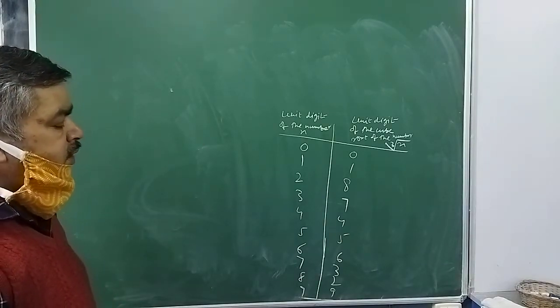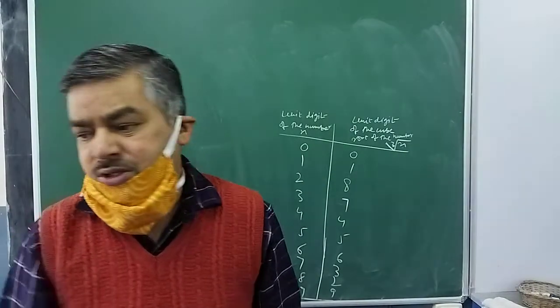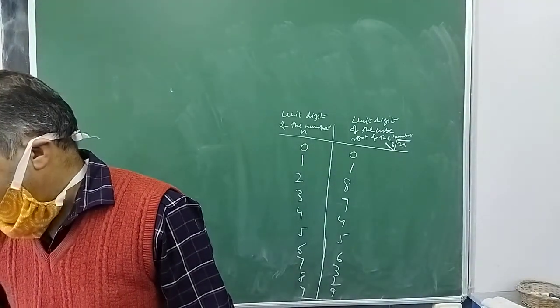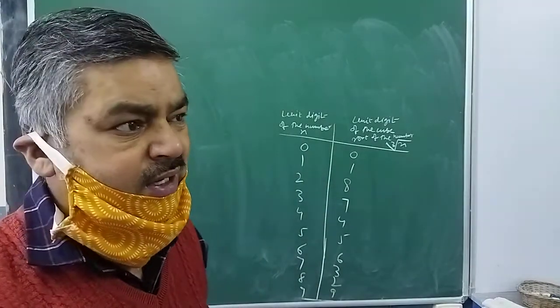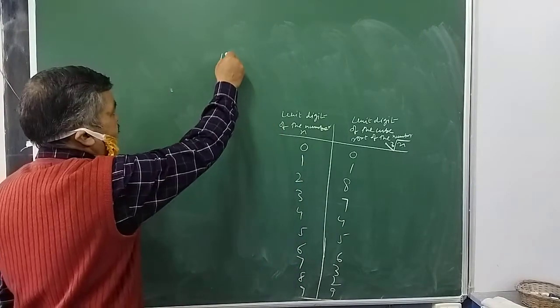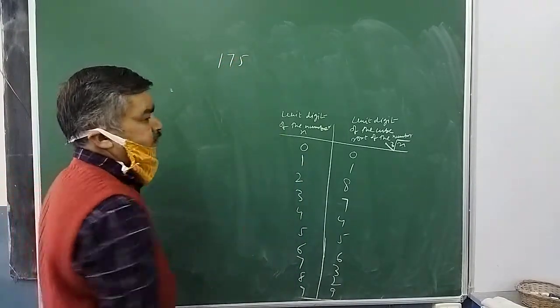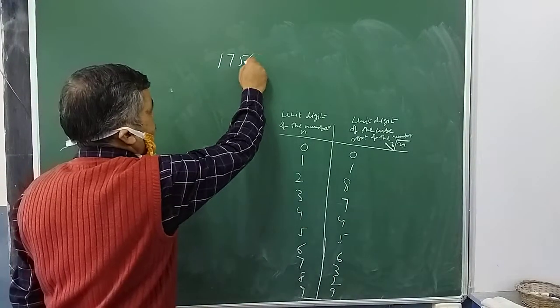Now for the estimation method, one limitation is there. Mostly we can apply it to find the cube root of a 6 digit number. Suppose I am taking 1, 7, 5, 6, 1, 6.